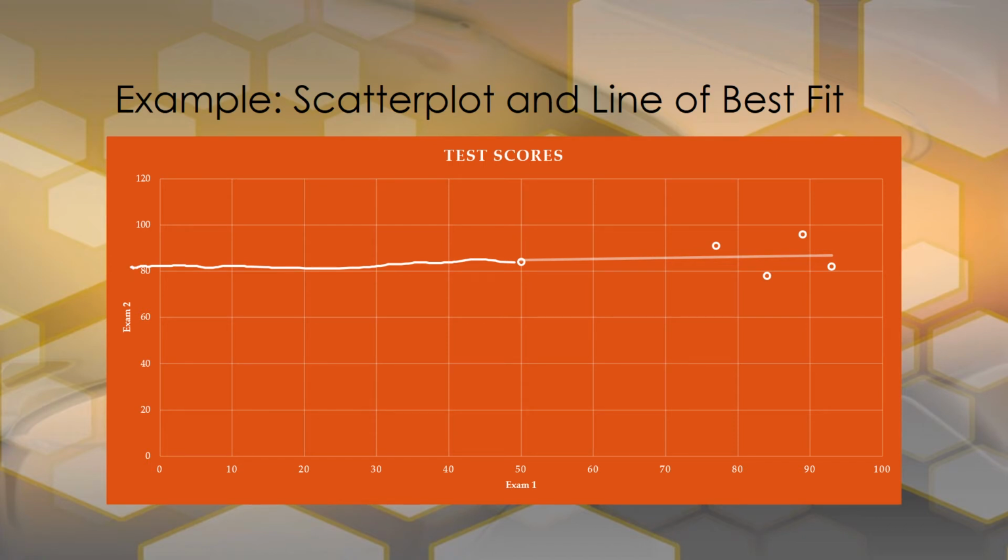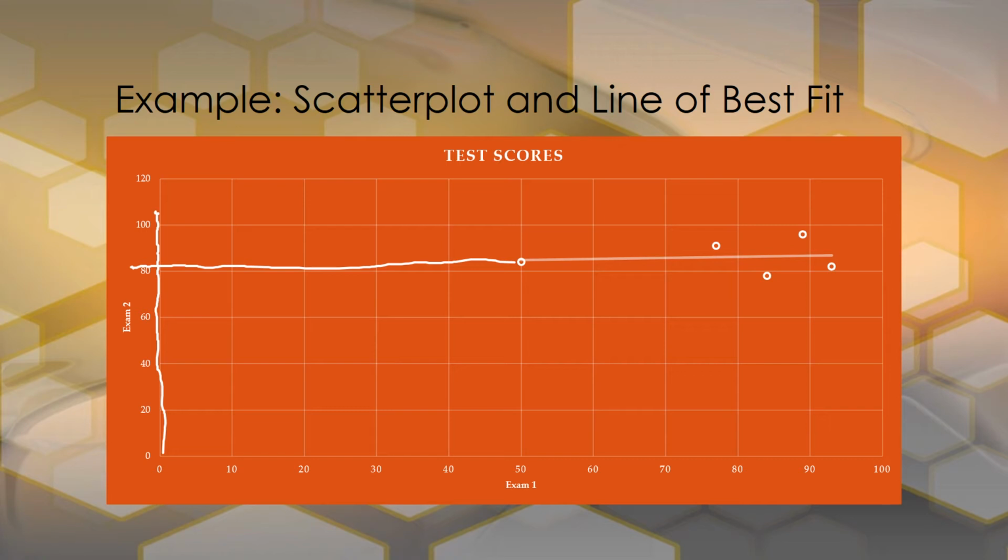And the intercept would be wherever this line hits the y-axis, where x equals 0. So it's somewhere a little above 80, and in a minute I'm going to try to figure out what that is. Somewhere there where those two lines intersect.